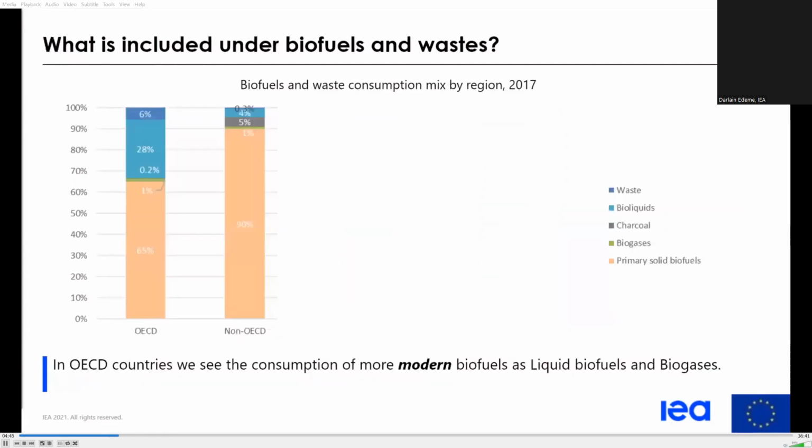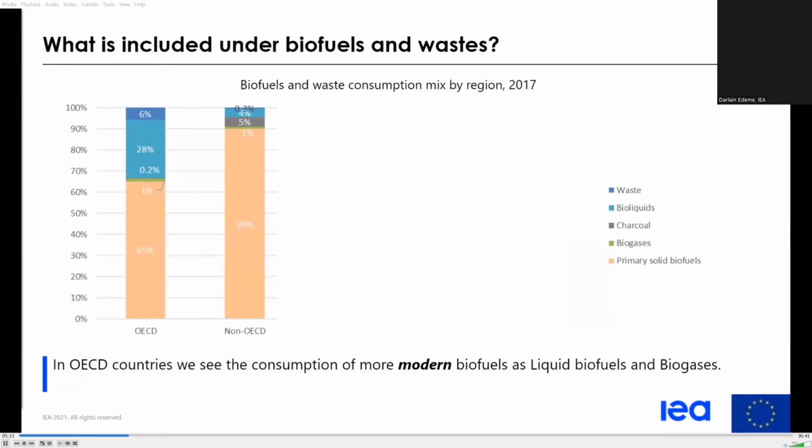Now let us see in more detail what we include under biofuels and waste. First, it includes primary solid biofuels such as wood, but also biogases, charcoals, bioliquids, as well as industrial and municipal waste. In OECD countries, we use mostly modern biofuels and also bioliquids such as biogasoline, biodiesel, and bioethanol.